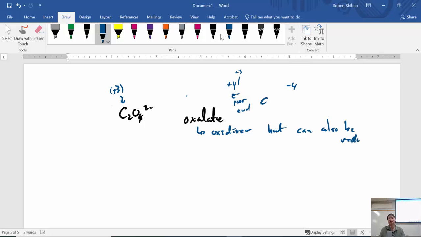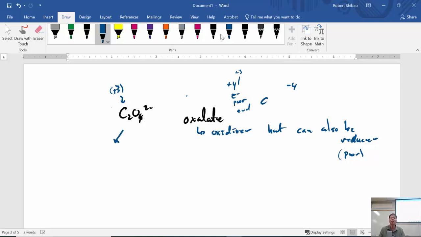If it's going to be a reducer, do you think it's going to be a very good reducer or a poor reducer? Yeah, we'd expect it to be a poor reducer. It's going to be hard to burn. Well, this is what we're going to use. We're going to use a poor reducer. This is going to be our reducing agent.